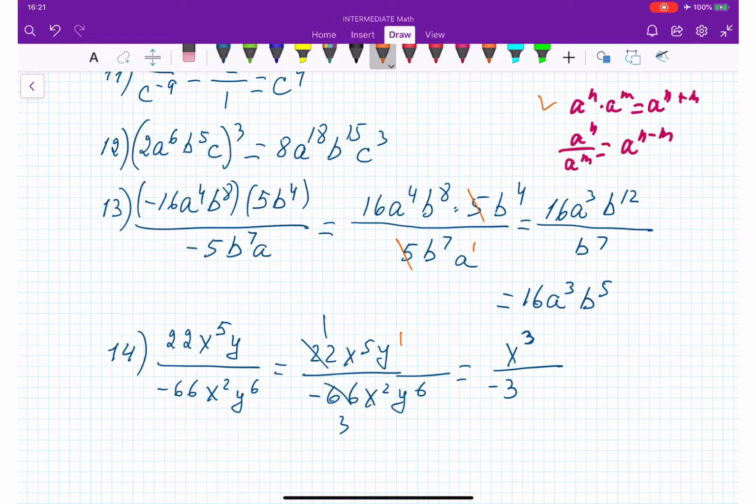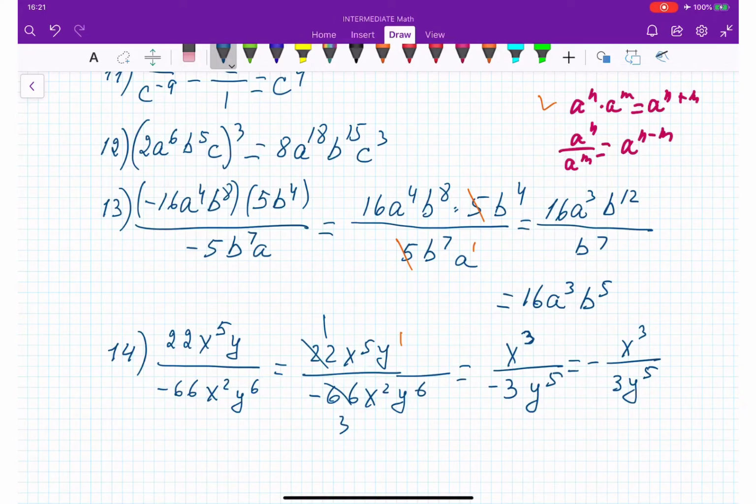Because degree 6 is greater than degree 1, I keep the remainder here, y to power 5. 6 minus 1 is 5. So the answer is going to be negative x cubed over 3y to power 5.